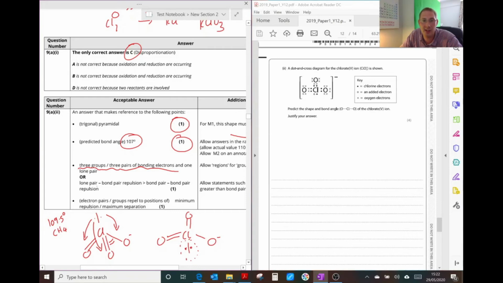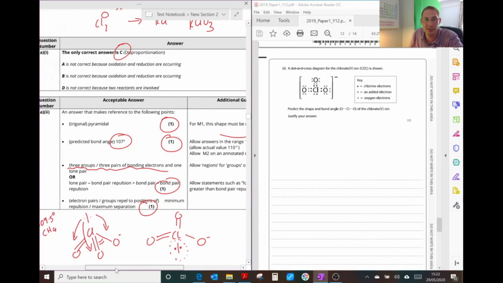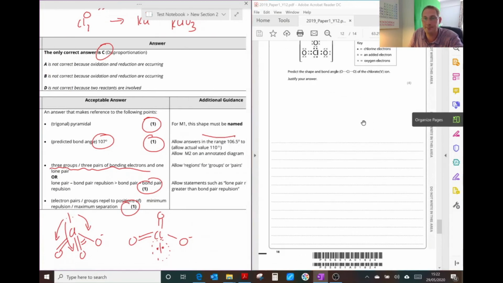And discussing that the lone pair bond pair repulsion is greater than bond pair repulsion, and some indication that the various groups move themselves for minimum repulsion, maximum separation. I took it as implied, so that's what's going on there.